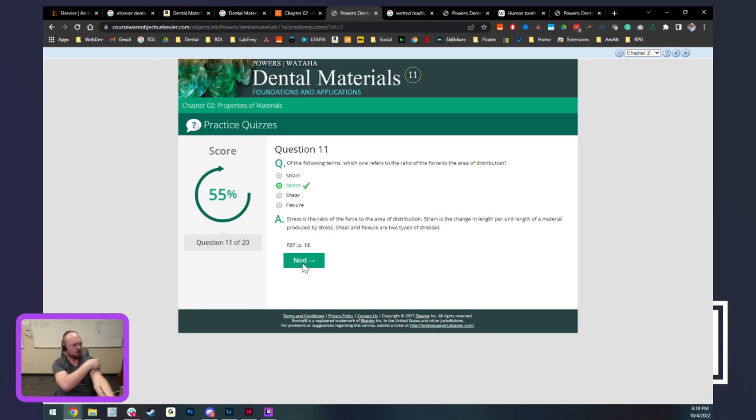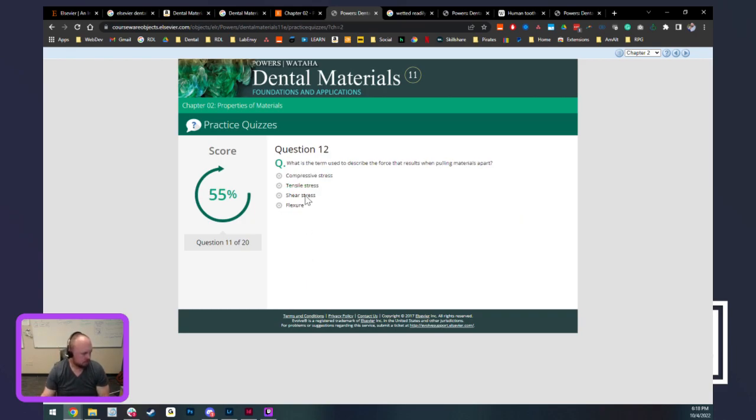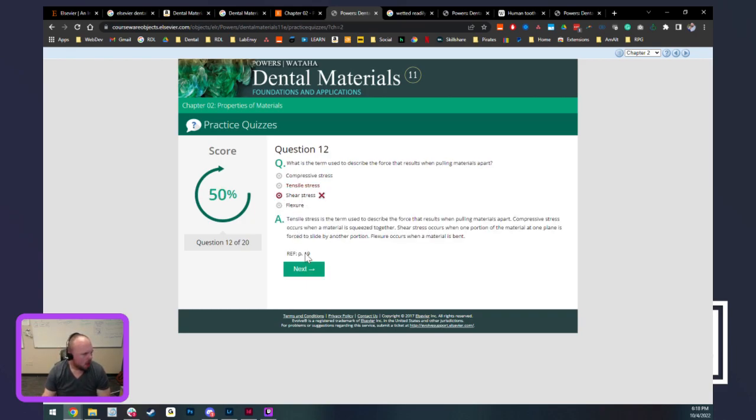What is the term used to describe the force that results when pulling materials apart? Shear stress. What's the difference between tensile and shear?